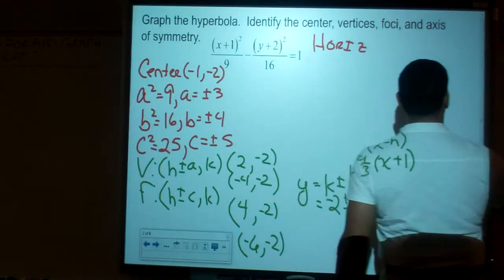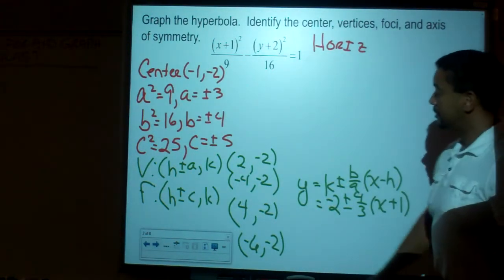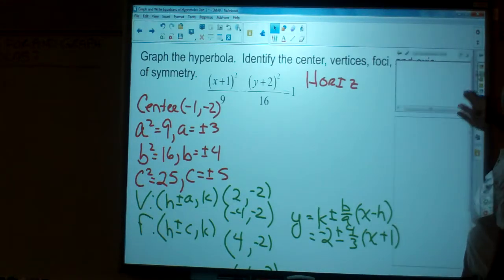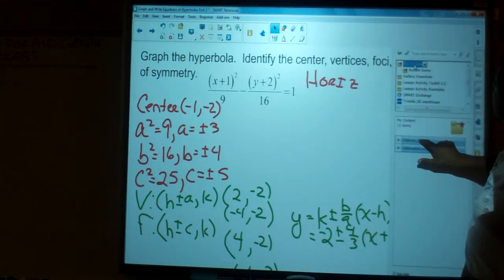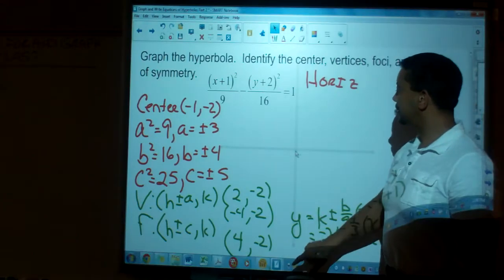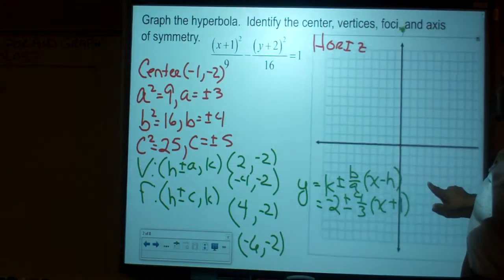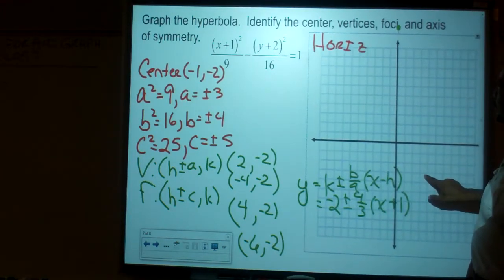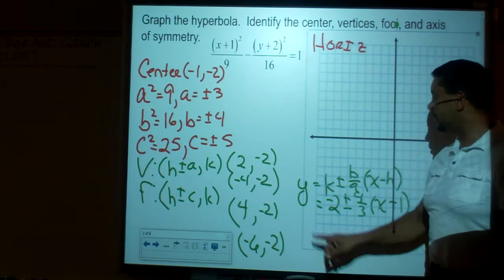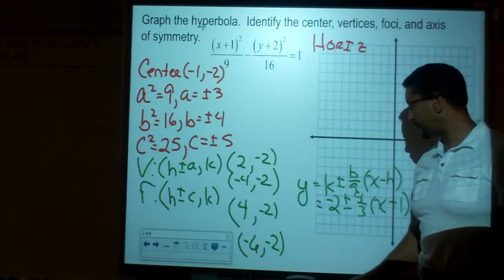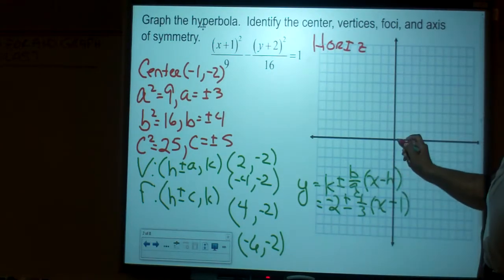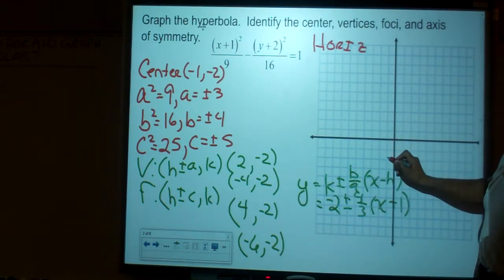Now remember, the difficult part about graphing these is just basically starting at the center. So once you start at the center, you should be able to find everything else. So our center here is -1, -2.